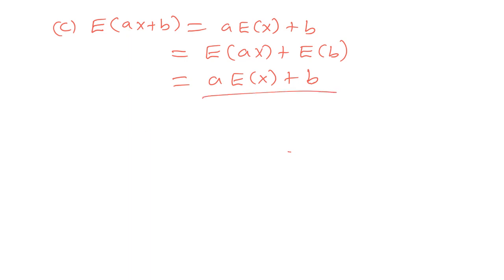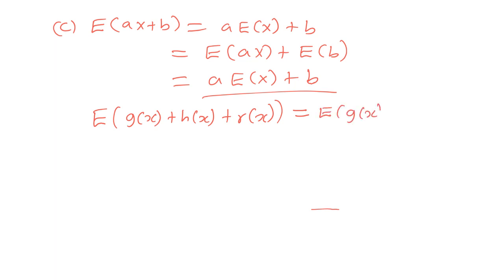Remember, there is something here which I may not prove for you right now, but it is a fact. If we have E of functions of X, G of X plus H of X plus R of X, a sum of three different functions of X, and you want the expectation, it's the same as getting the expectation of G of X, and adding it to the expectation of H of X, and adding this to the expectation of R of X. That's exactly the same.